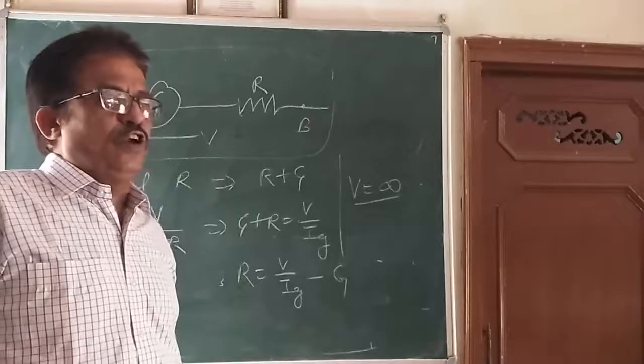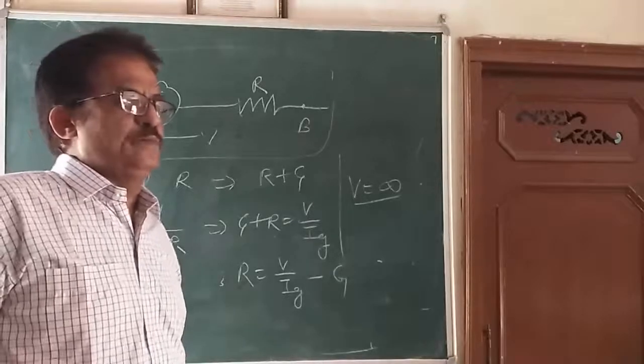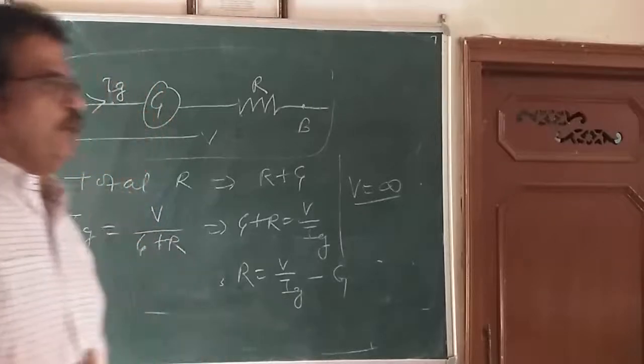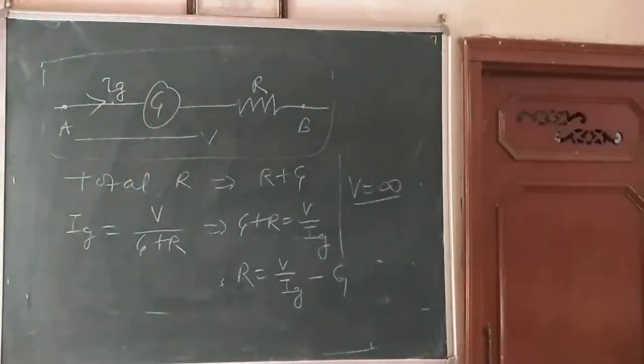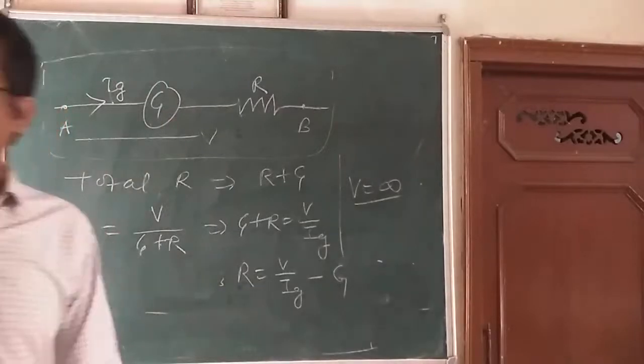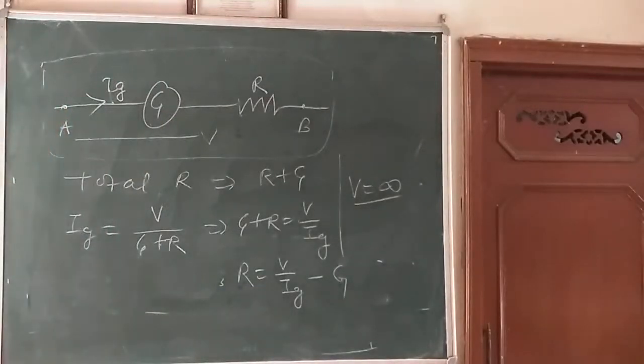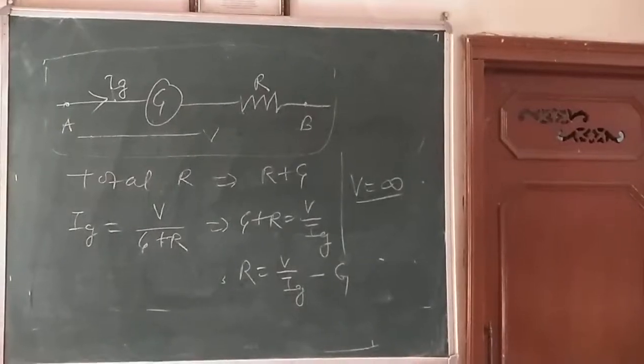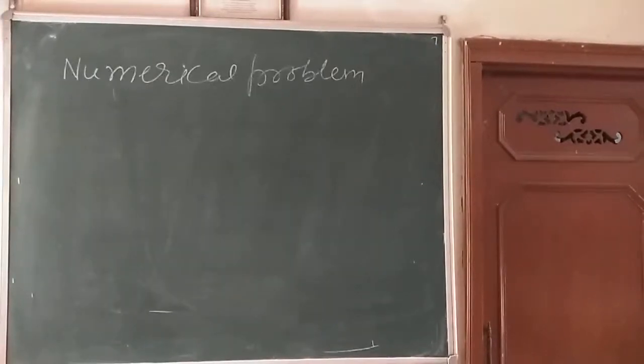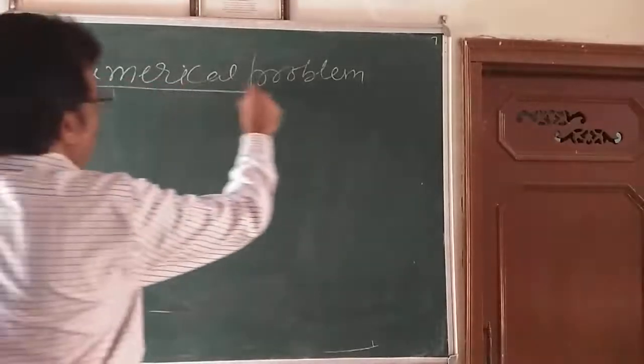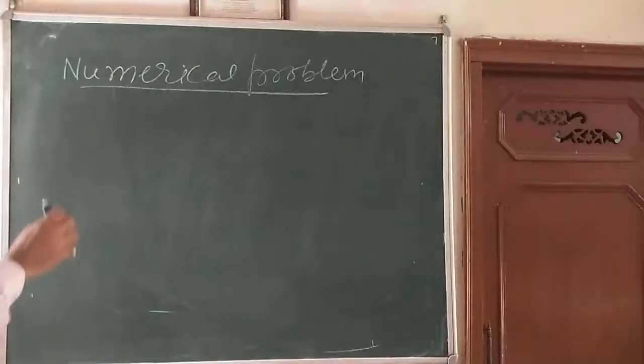Now, dear children, open your NCERT textbook. We are going to see some numerical problems of our NCERT exercise 4. Is it clear? Now, dear children, we are going to see a numerical problem of our NCERT chapter number 4.